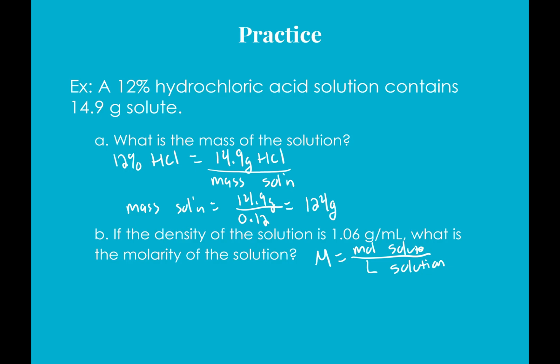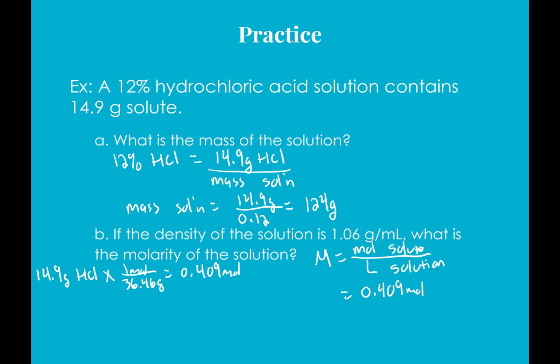Well, fortunately, we know the mass of the solute. We have 14.9 grams of hydrochloric acid. So we'll take our mass of hydrochloric acid and convert that into moles, dividing by its molar mass. So 14.9 grams of hydrochloric acid gives us 0.409 moles of hydrochloric acid. So we're already halfway there.